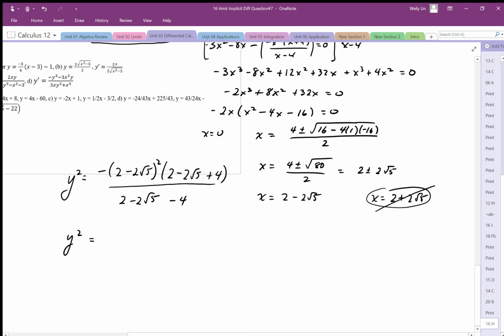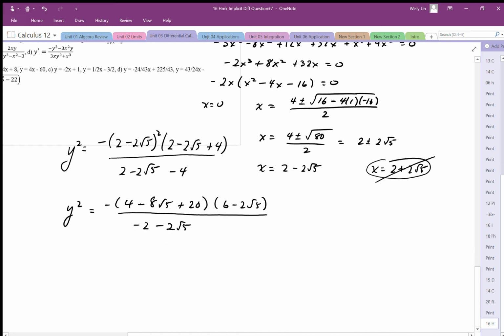This is just a lot of grunt work algebra, but I'm going to end up with 4 minus 8 root 5 plus 20 plus 20. Okay, here I get 6 minus 2 root 5, and in the denominator I'm going to end up with negative 2 minus 2 root 5. Okay, maybe get rid of that negative here.